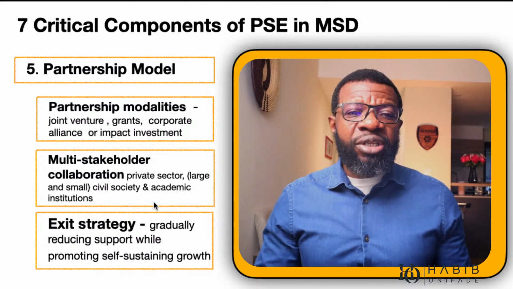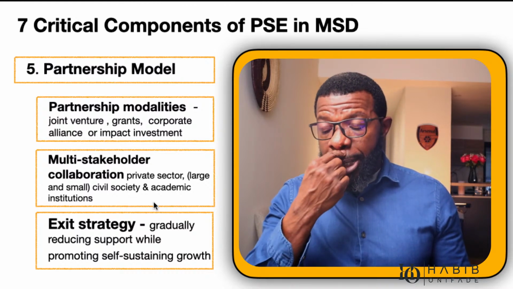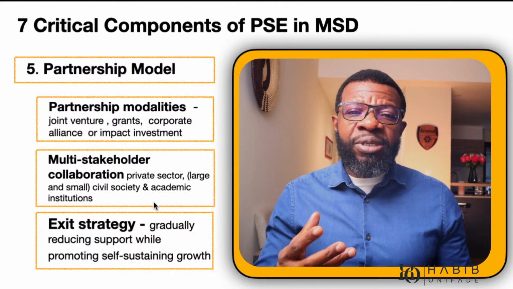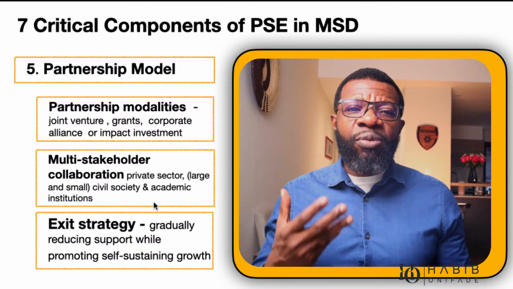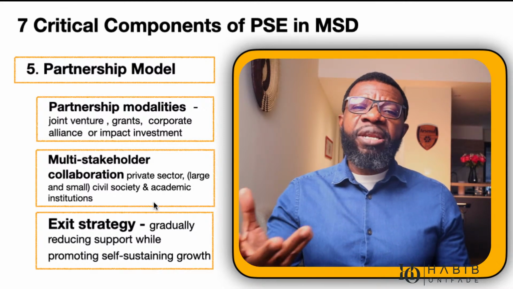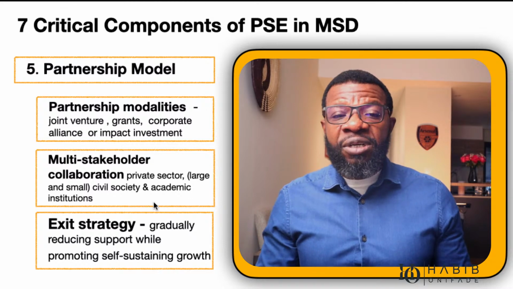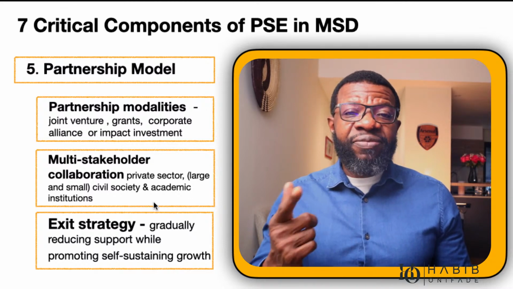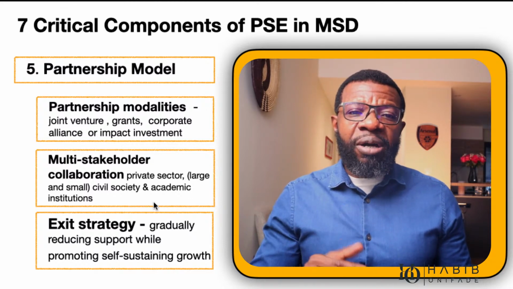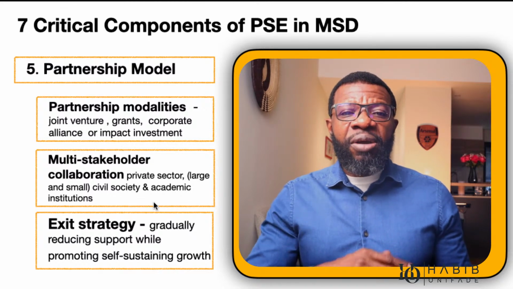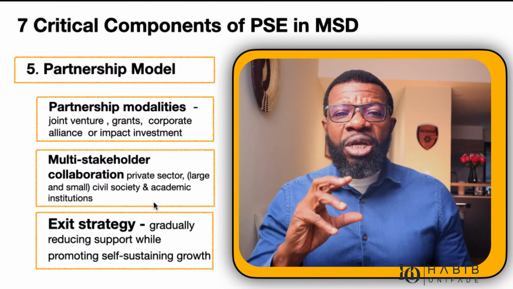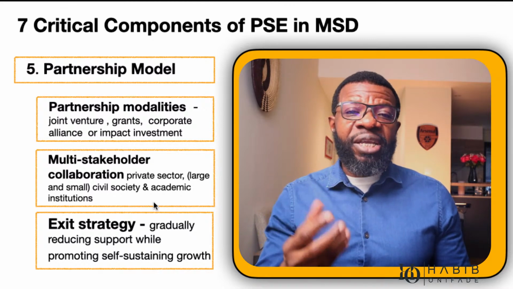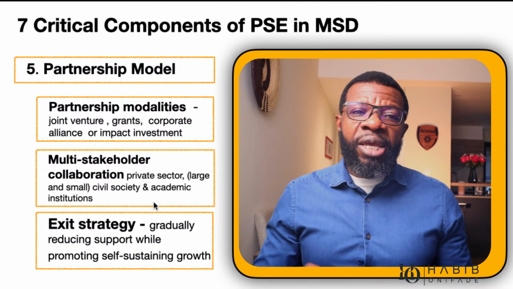Multi-stakeholder collaboration, that's another type of modality that we really need to be clear on when we're doing private sector engagement, whether or not we are going to have all of these other stakeholders, the civil society, government, business membership organizations, as part of the private sector engagement interventions that we're doing.